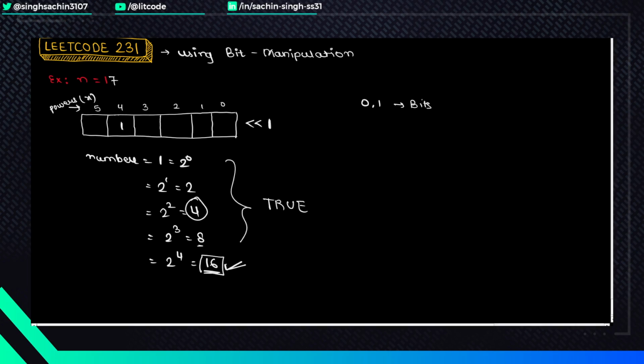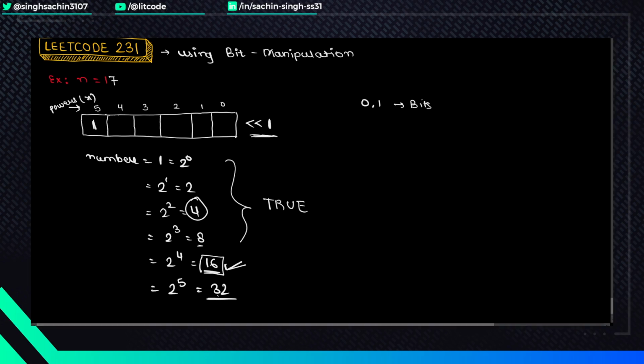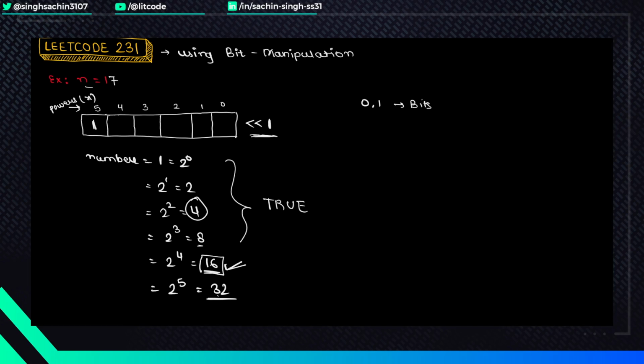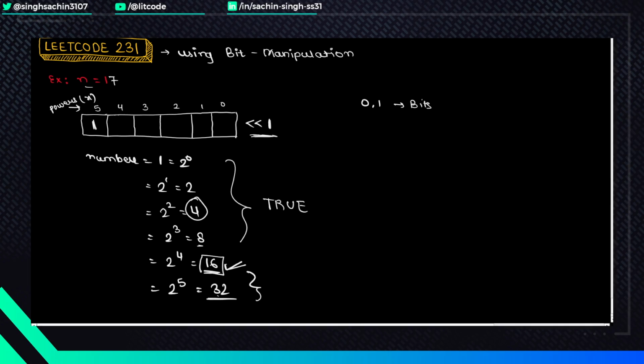So we will do one more move and shift the bit towards the left. Now we have 2 raised to power 5, which is 32. Now this number is greater than 17, so we will not shift the bits further, but it is not equal to n. So in this case, we will return false.